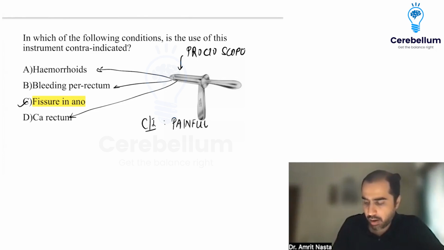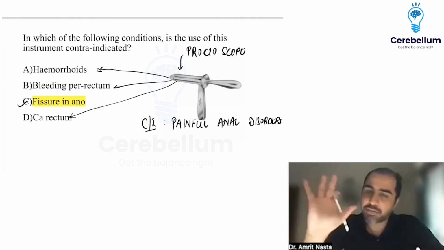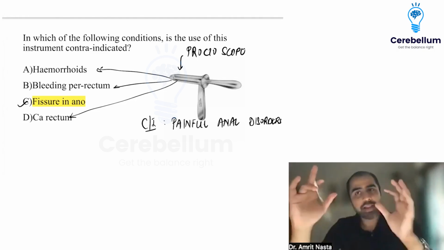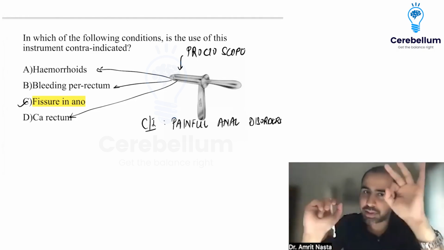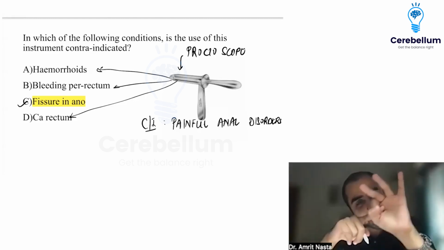Why? What will happen if I put it? Fissure is a very painful condition. Some of you must have had it. I am sure you must have had fissures. It's very common. When there is a fissure, the sphincters become very tight. Even a finger will not go inside.